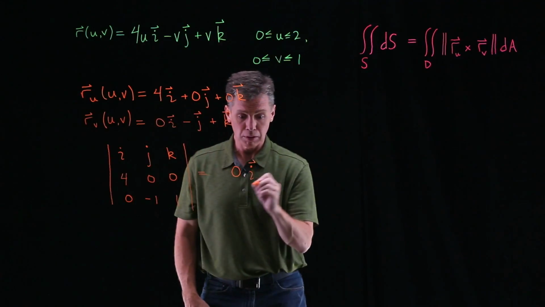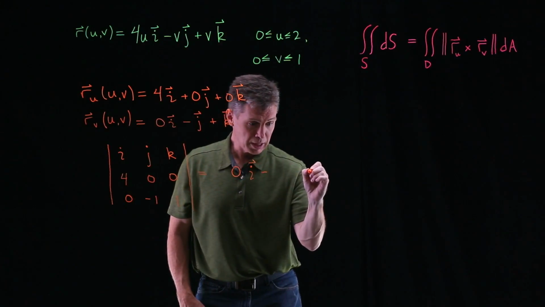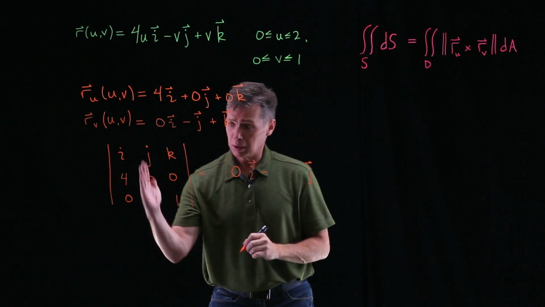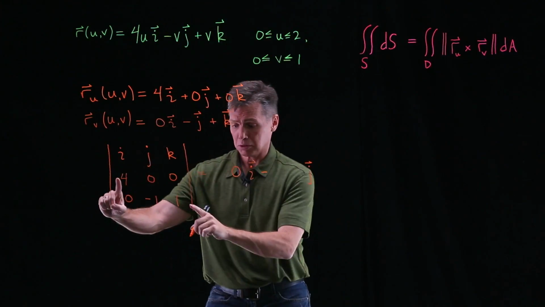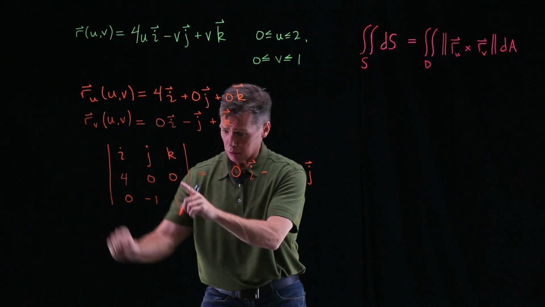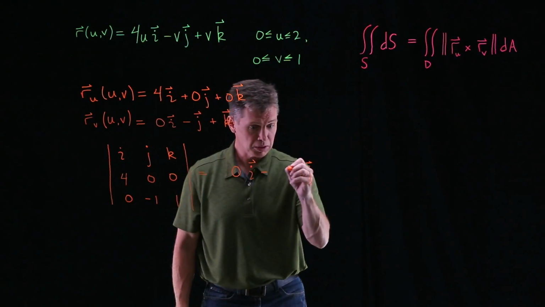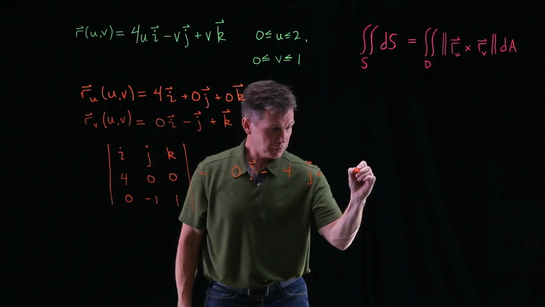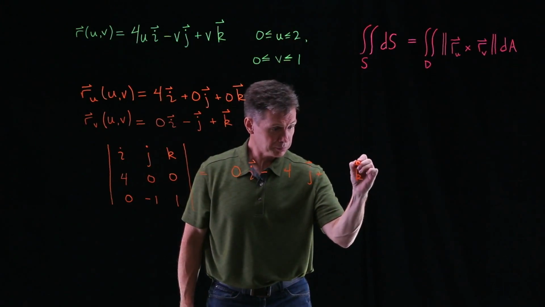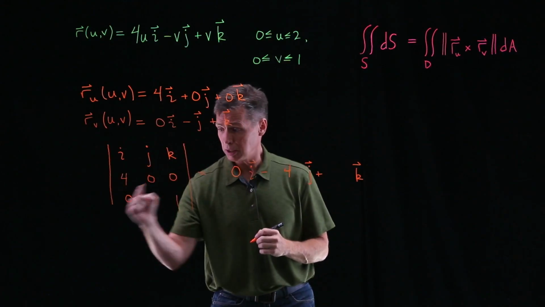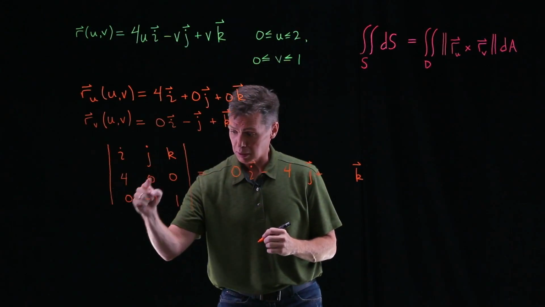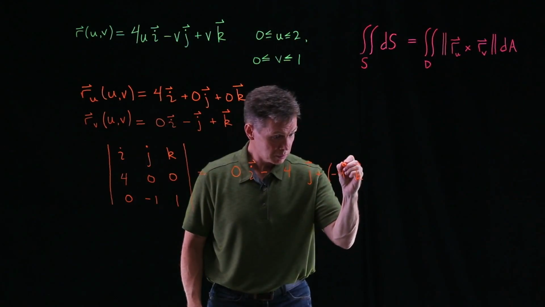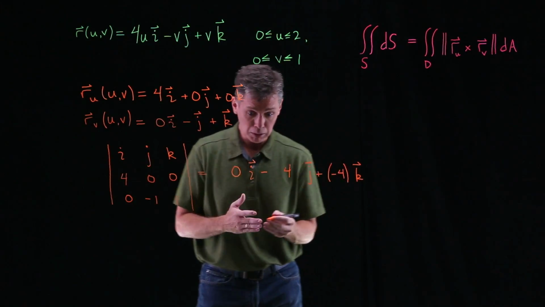That looks good. Minus my j component, I'm covering up that middle column, and my crisscross looks like 4, subtract 0. So I'm just going to get a 4, minus 4. And then plus, my k component will look like a crisscross here of minus 4 times, subtract 0, so minus 4. Okay, that behaved pretty well too.